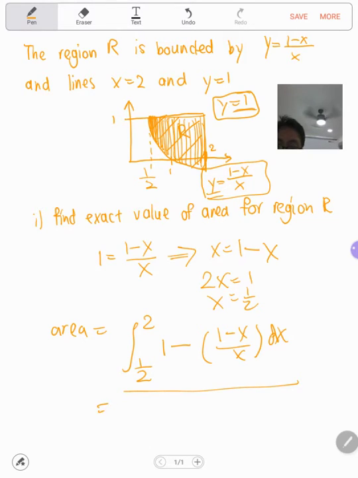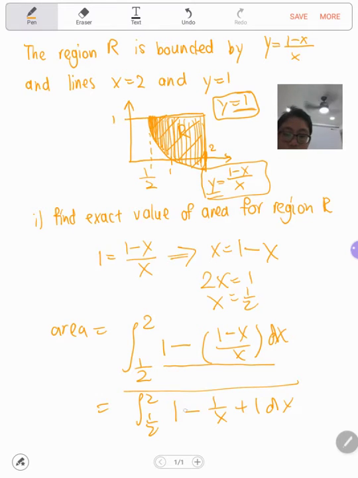So the next part: before integrating this term, I simplify it to the integral from half to 2 of 1 minus 1 over x plus 1, dx. I'm not integrating yet, just simplifying, because minus times minus 1 is plus 1, and x over x is 1. This is easy to integrate, because 1 plus 1 is 2.